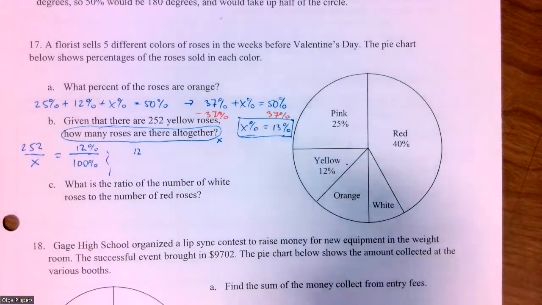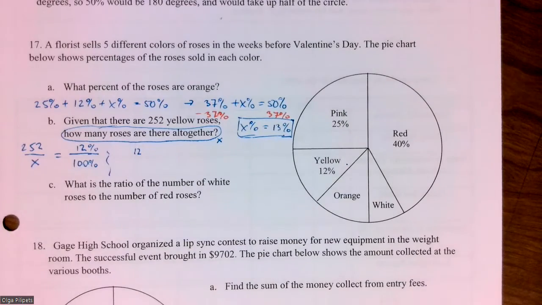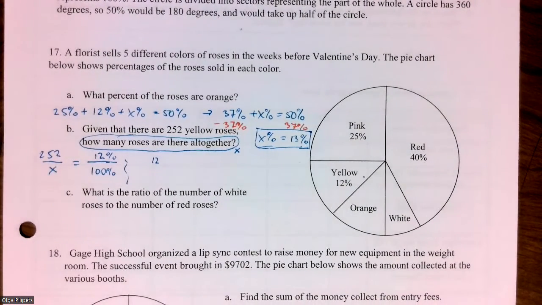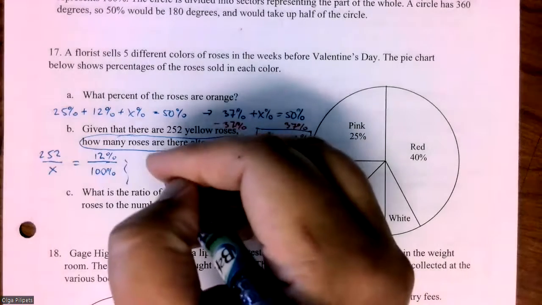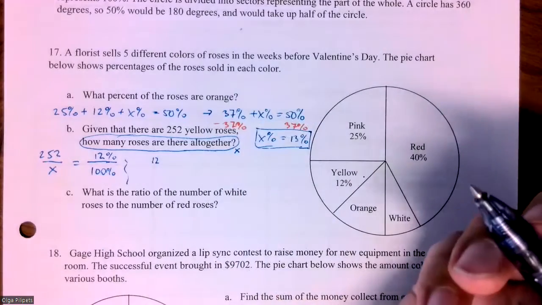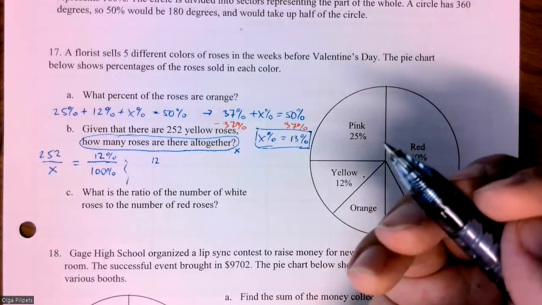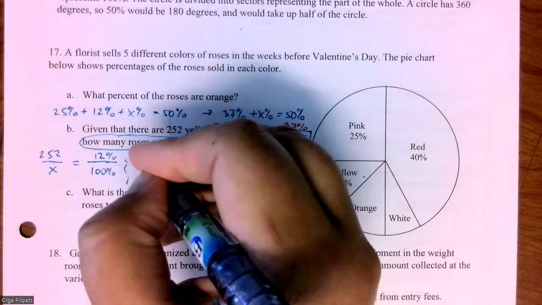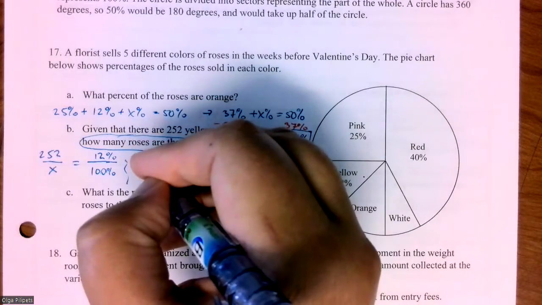And okay, the polite way of solving this equation is converting our percentages into decimal form instead of continuing to write percentages. So 12% is basically 12 divided by 100, which is going to be 0.12.